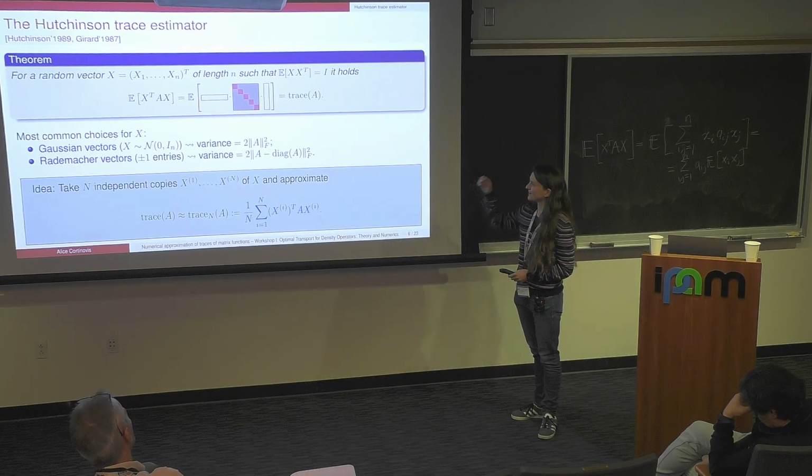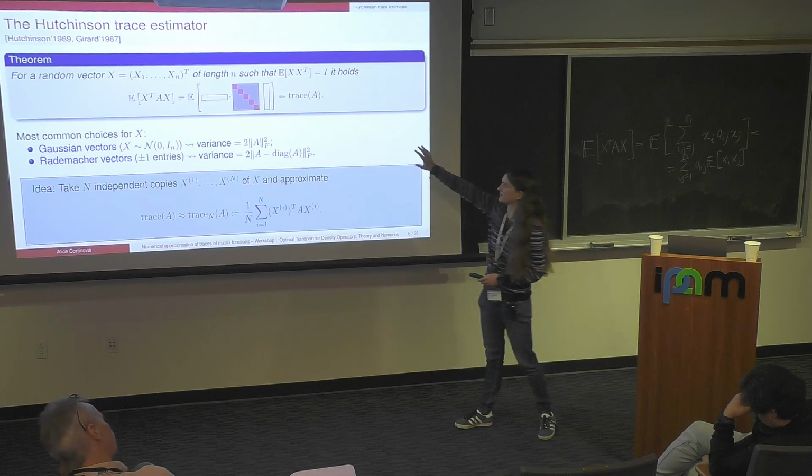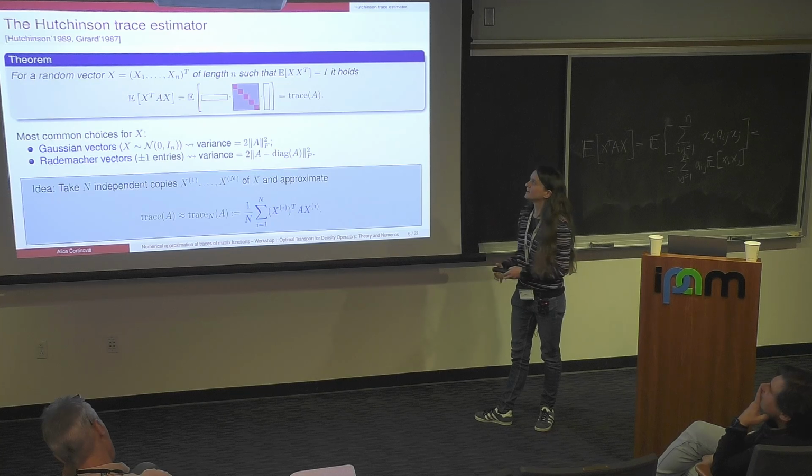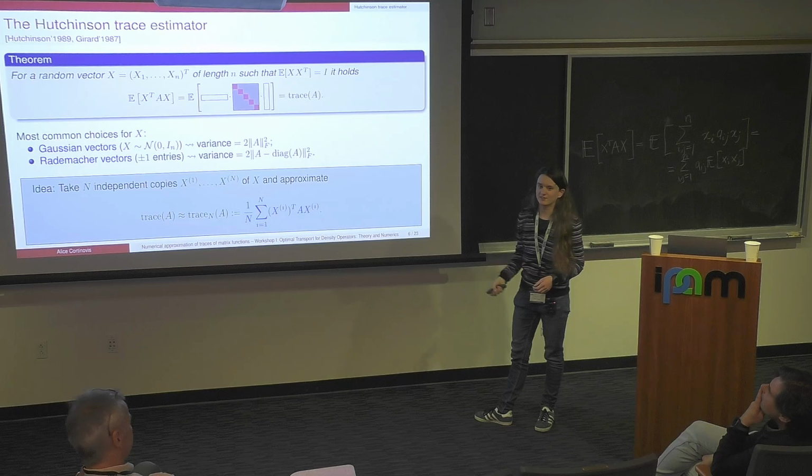So first, let me say something about what assumption we want on this random vector x. The assumption we want is very general.